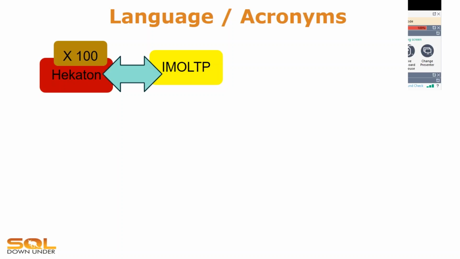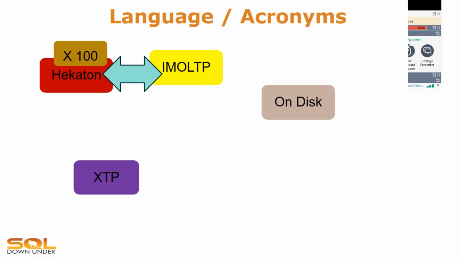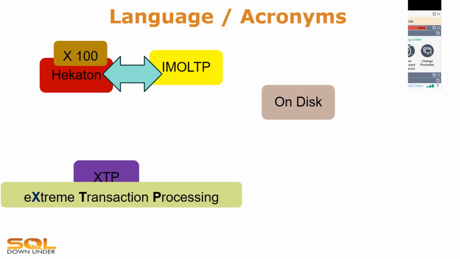So In-Memory OLTP and Hekaton you probably hear interchangeably quite a lot. They effectively mean exactly the same thing. You'll hear people talking about on-disk rather than in-memory tables. You'll hear the acronym XTP. That stands for Extreme Transaction Processing. And if we go and look at the DMVs or the X events, we'll see XTP in a lot of the names.